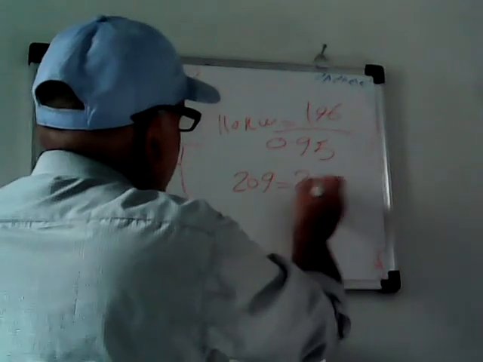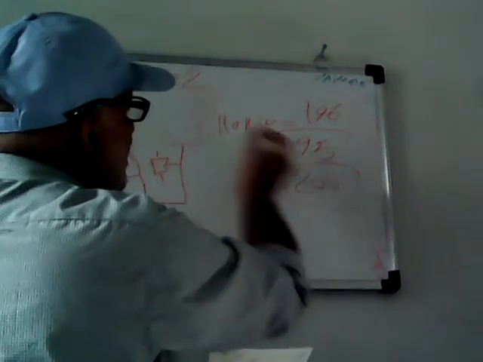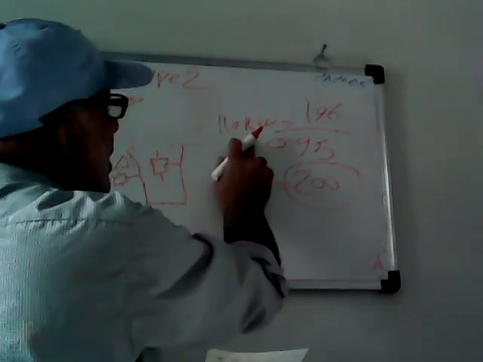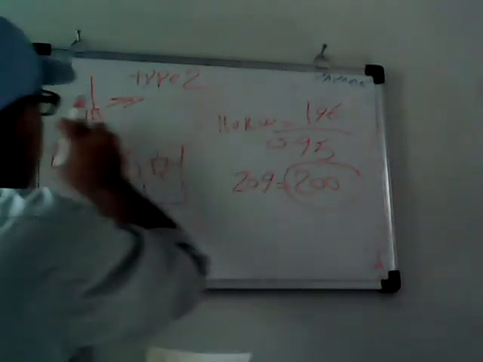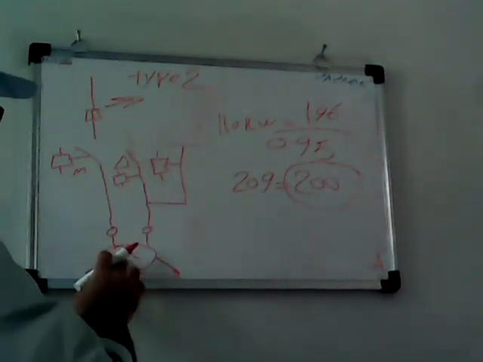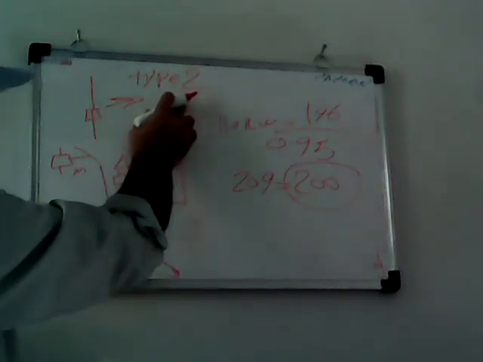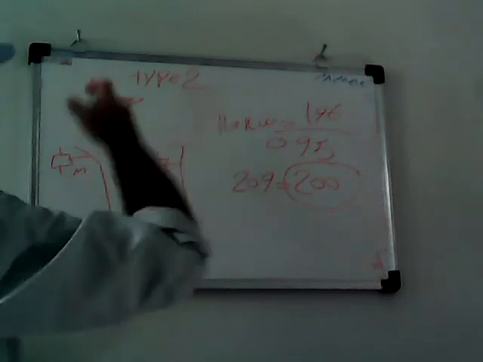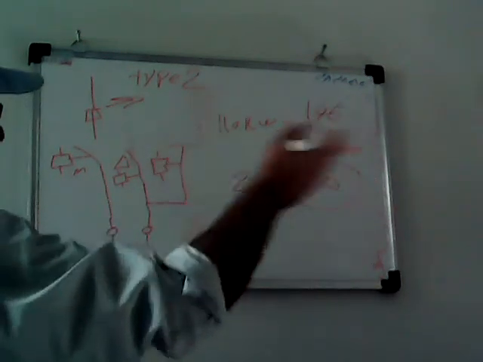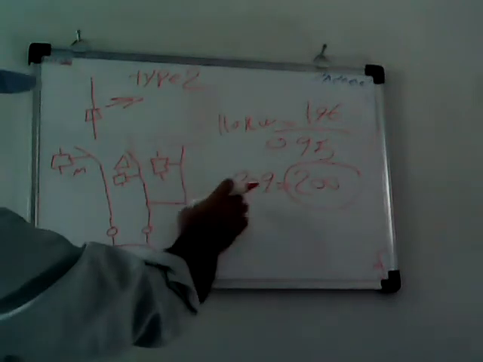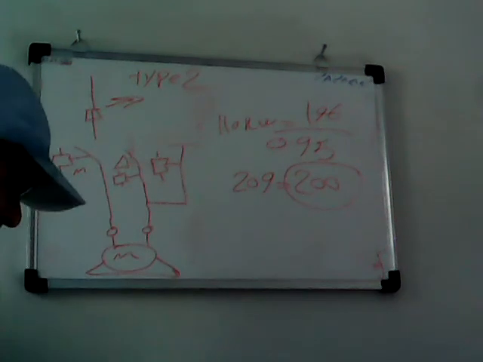Your fuse is 200. A 200 fuse for 110 kilowatt electromotors in star delta type 2 sensitive industrial. The general star delta I told you before had a different number from this. Okay, this is your fuse here, 200.